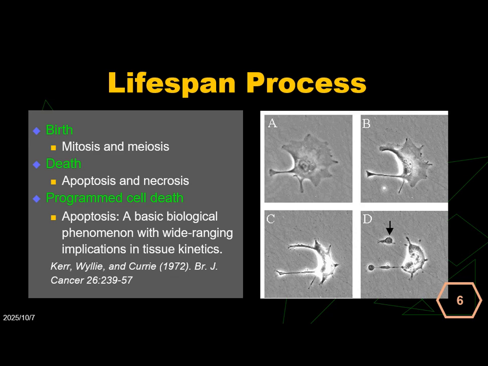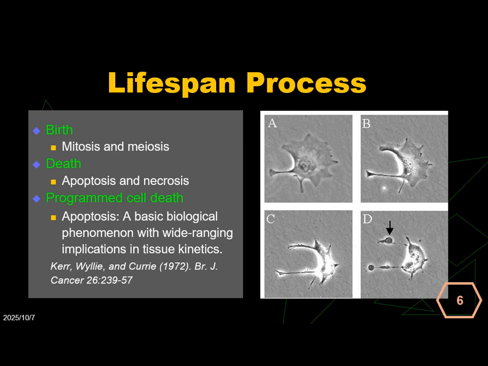Okay. Programmed cell death is a biological phenomenon, and it was coined by William Curie in 1972. Apoptosis, this terminology and phenomena was determined in 1990 or late 1980s. That was way after programmed cell death.